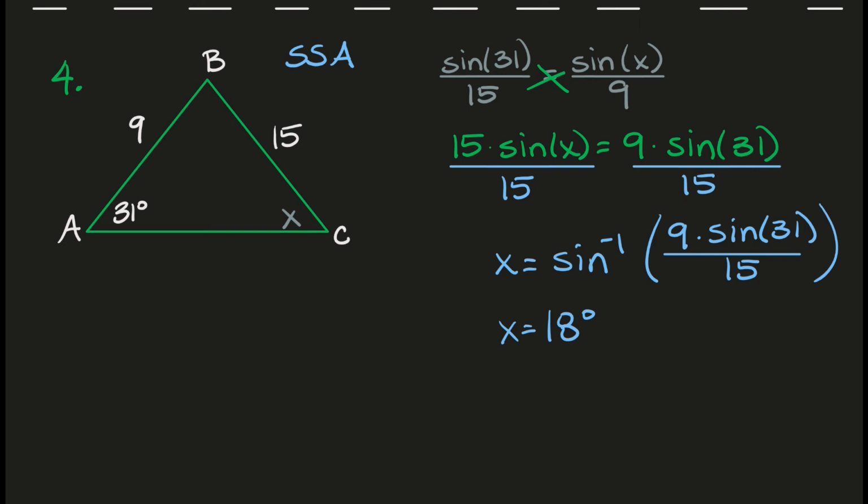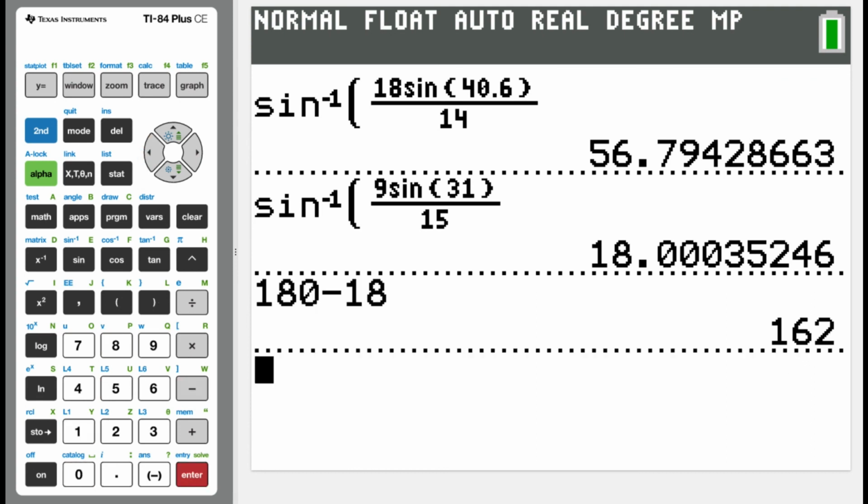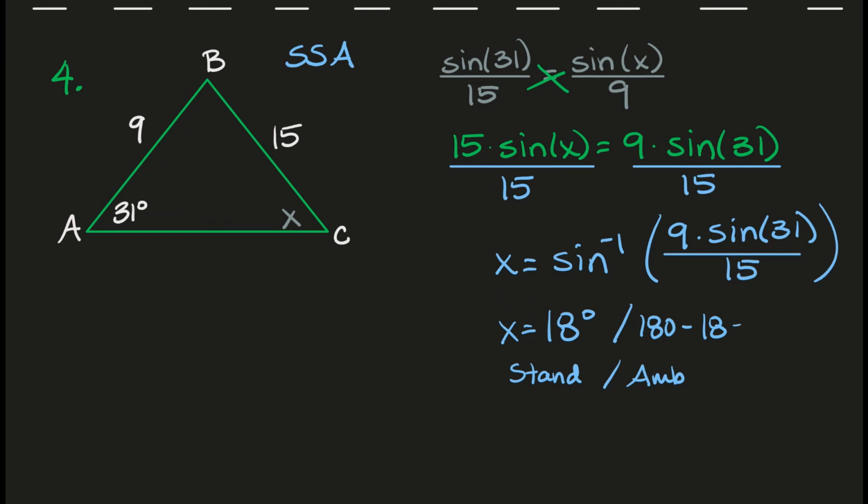Now, what you're going to want to check on this is to make sure that you don't have the possibility of the ambiguous case. 18 degrees, we're going to assume that's the standard case. So we want to check and see, okay, is there going to be an angle for the ambiguous case? So what you would do is you would say 180 minus the angle you just found. So 180 minus 18 gives us 162. So in the ambiguous case, you would have an angle of 162.